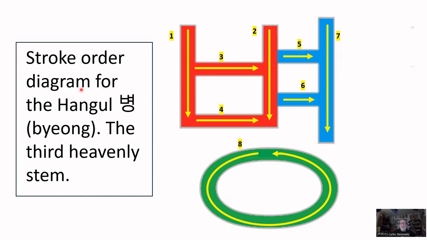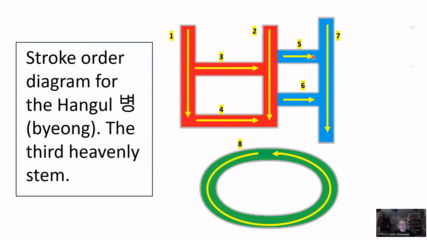Okay, and so the stroke order diagram for byeong is, you've got one vertical stroke going down, a second vertical stroke going down, and then two horizontal strokes that join together, the final one making the bottom for the ba part of byeong.